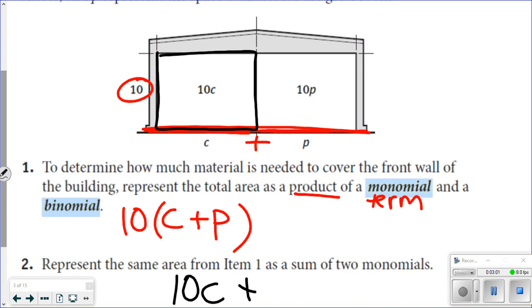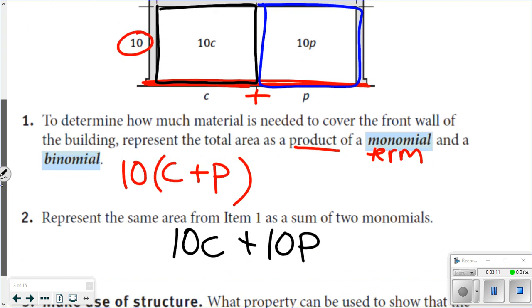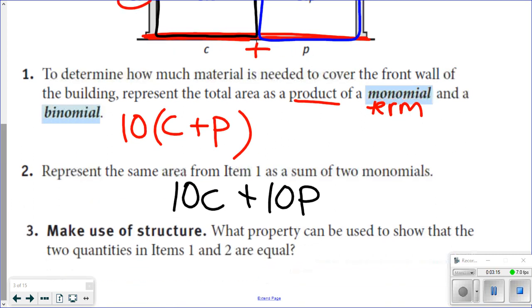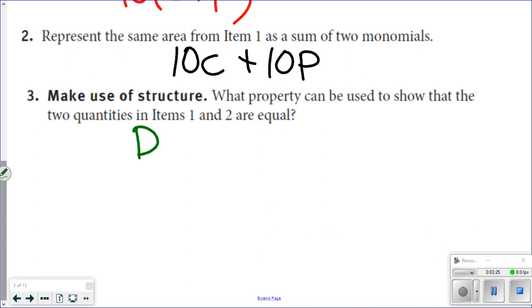Plus the area of this room is 10 times P, so that is 10P. So we're going to add 10P with 10C. Now, how could we show that question 1 and question 2 are equal? Well, what do we call this? What's that property that we've been using? It starts with a D. It's the distributive property.